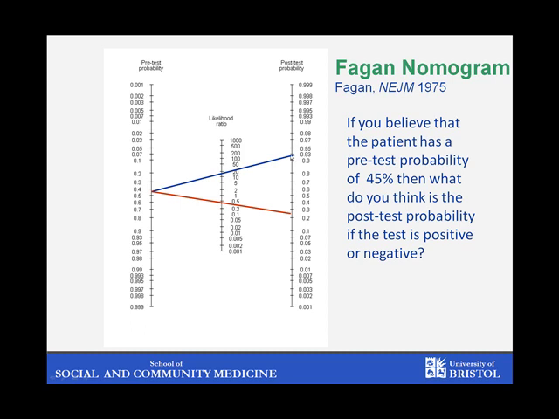And then by going across, we can now read what we think are the post-test probabilities. So as you can see, if the test comes back as positive, Mr. Smith will have roughly a 92% chance of having rheumatoid arthritis, whilst if it comes back as negative, that's probably around about 0.25 or 25%.